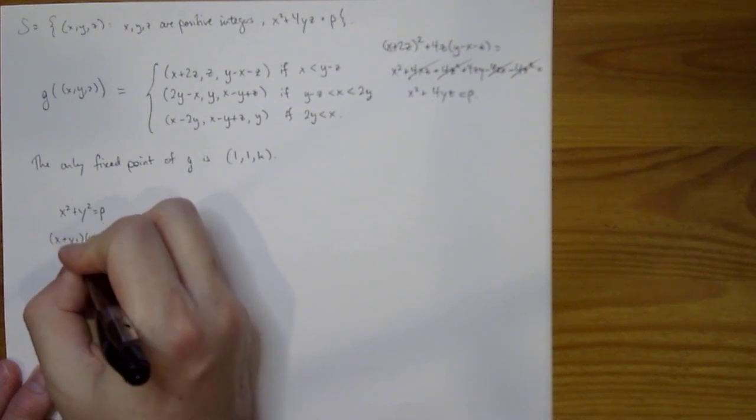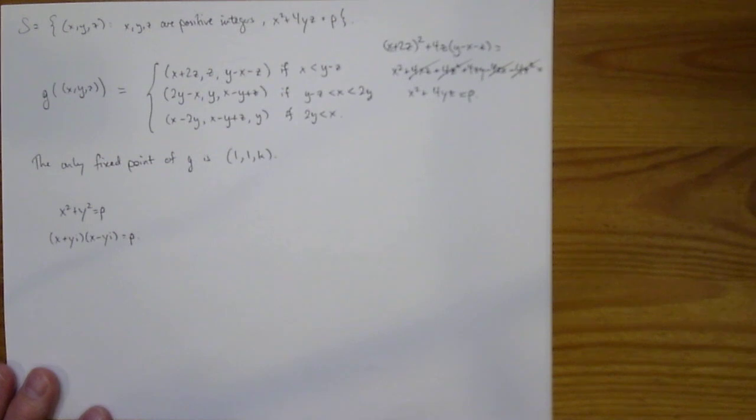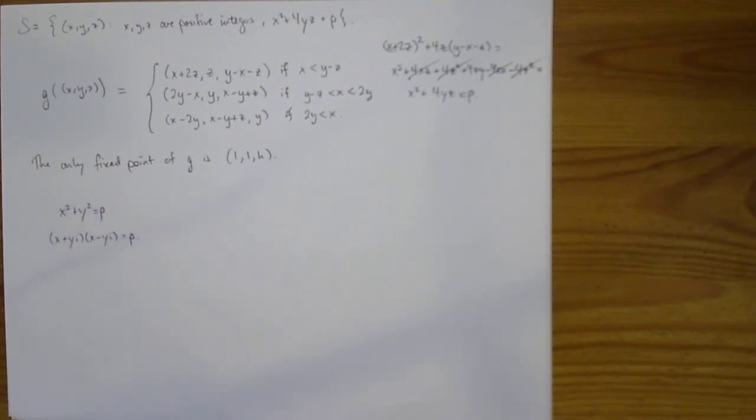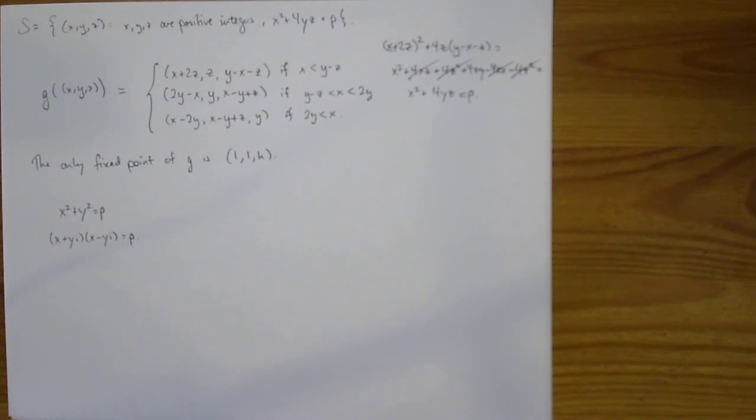To factor this, I need to use complex numbers, where i is the square root of -1. This is a difference of squares. And then I need to think about properties of things that look like x plus yi, where x and y are integers. This is a set called the set of Gaussian integers, named after Gauss, another titan of early mathematics.